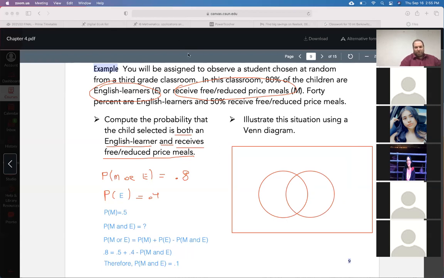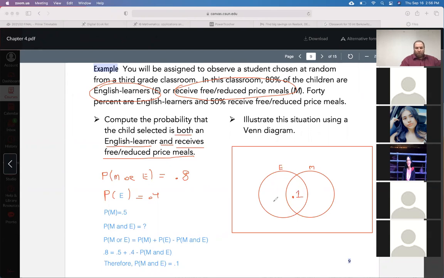All right. So we have the E circle and the M circle. The inside portion are the people who satisfy both M and E. What percent is that going to be? 10%, 0.1. We've already calculated that, right?